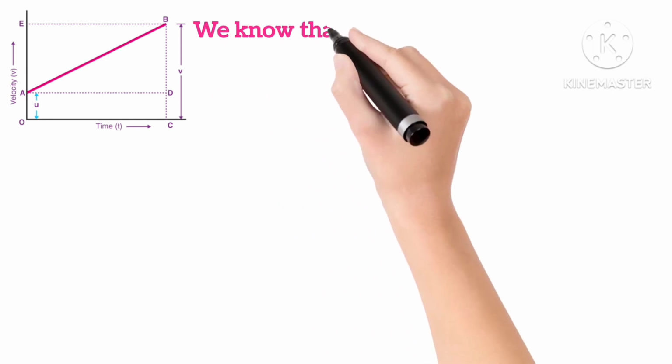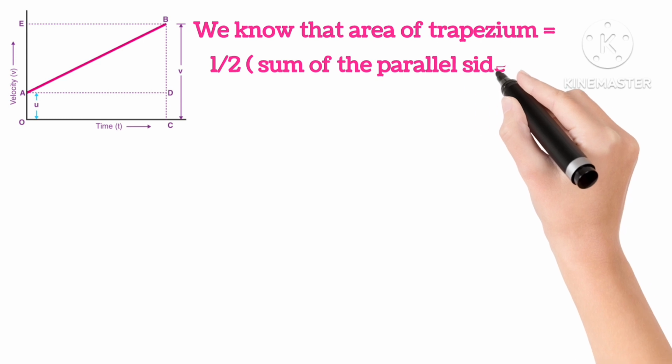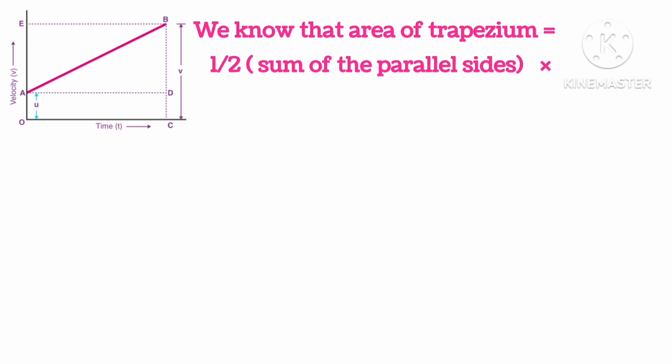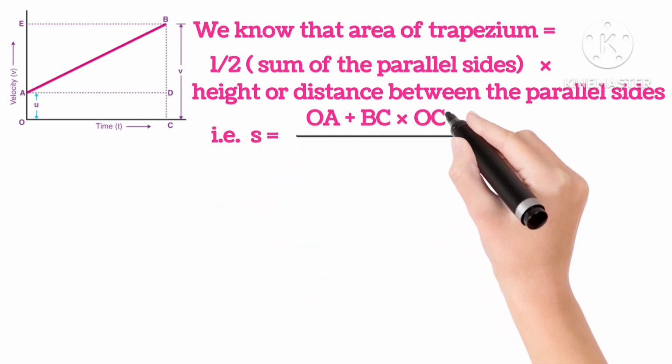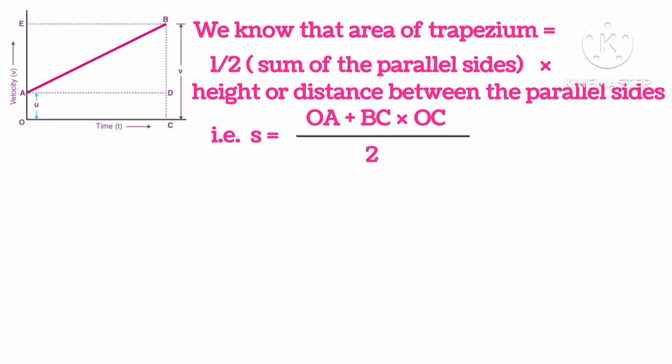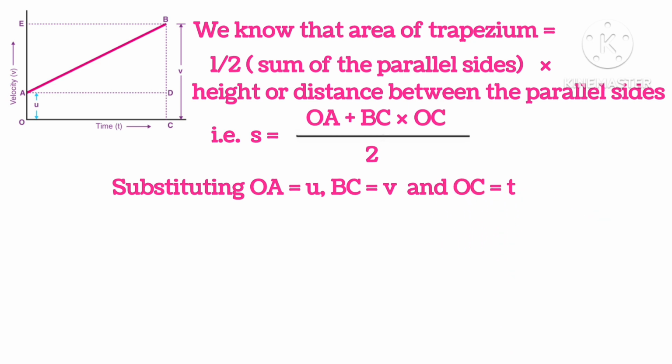As you can see here, we know that area of trapezium is equal to half into sum of the parallel sides multiplied by height or distance between the parallel sides. So that will be S is equal to OA plus BC, which are the parallel sides, multiplied by the distance between the parallel sides, that is OC, upon 2.